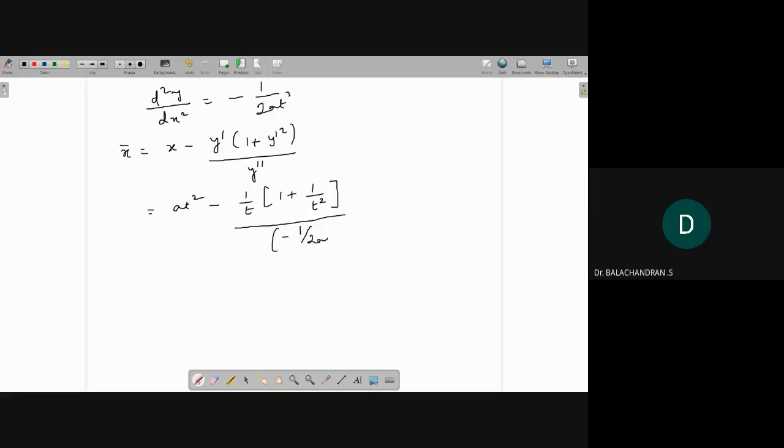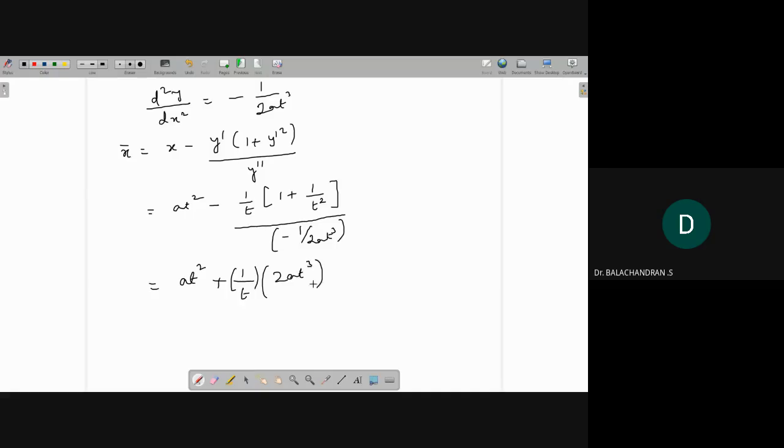And then the remaining part is simplification. If you know, you can tell, otherwise I will do it. at square plus, minus into minus is plus. So first you should write 1 by t, and then the reciprocal of 1 by 2at cube is 2at cube, into 1 plus 1 by t square.